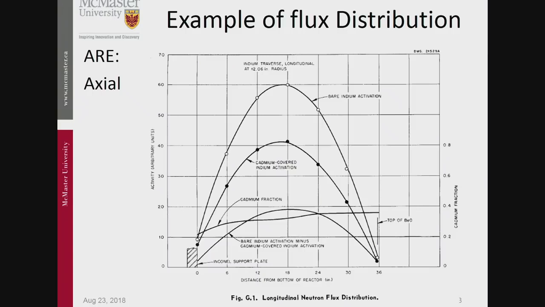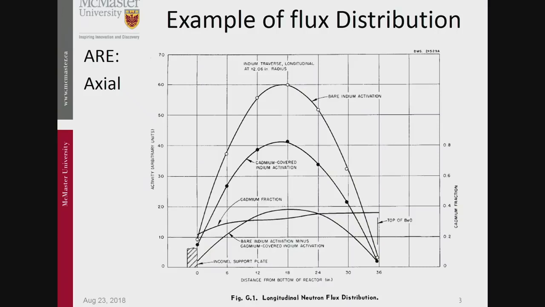And these are measurements by activation. So they take indium, put it in the reactor, run the reactor, take it out, and then they do counting. With the counting, you get an activation. You can see that at different places, the indium has been activated differently, and it follows nicely this cosine shape that we had here.